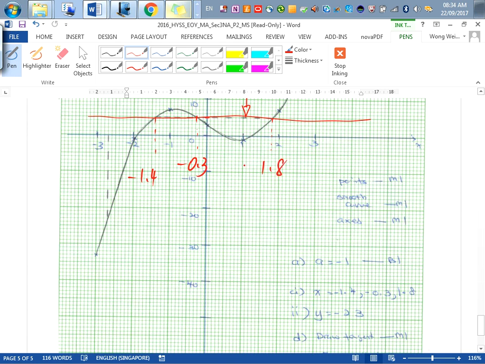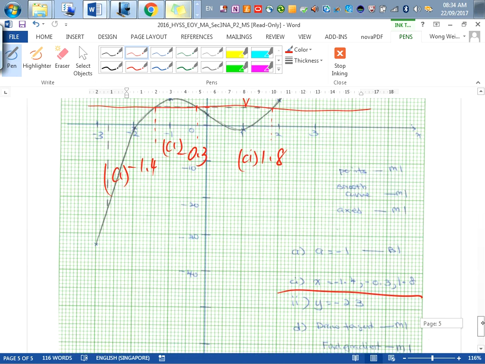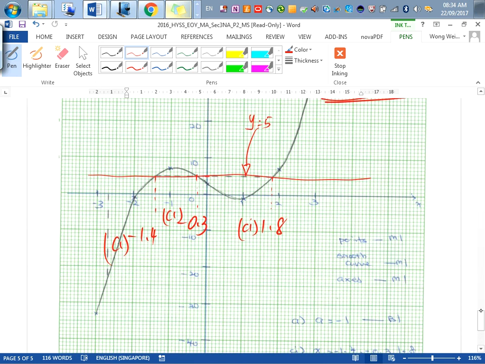So this is for part C, part 1. Okay, 3 values. After you have this, you flip to the back of your paper and write down the 3 values. Then part 2, find the value of y when x equals negative 2.7. Where is x equals negative 2? Over here.